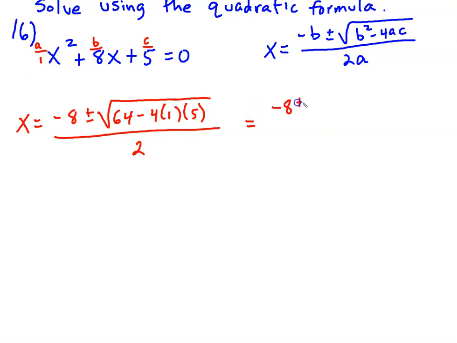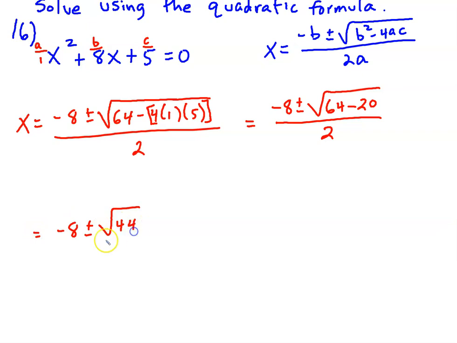And now we'll simplify the radical part. 64, and before you subtract, make sure you multiply all these together. So remember, multiplication comes before subtraction in PEMDAS. So that's going to be minus 20 over 2. And that's going to be the square root of 44 over 2. I need to simplify the square root of 44, and I'm going to use the perfect square, square root of 4 times the square root of 11.